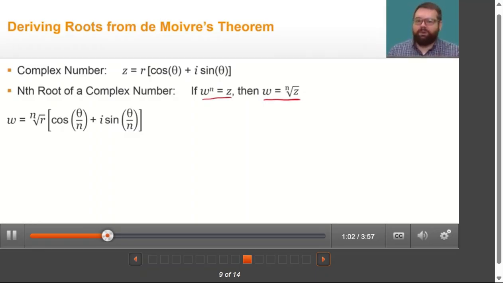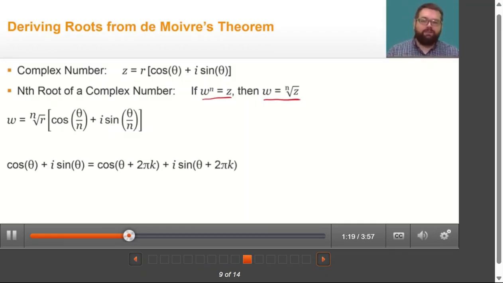While raising a complex number to a power produced a single result, there are actually multiple roots to a given complex number. This is due to the circular nature of the polar grid, whereby arguments that differ by 2 pi are considered equivalent.